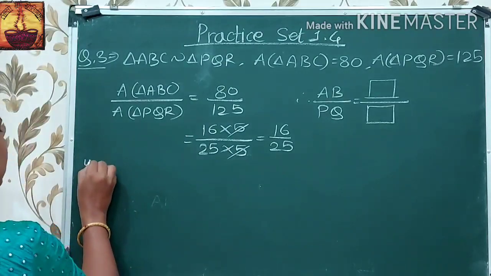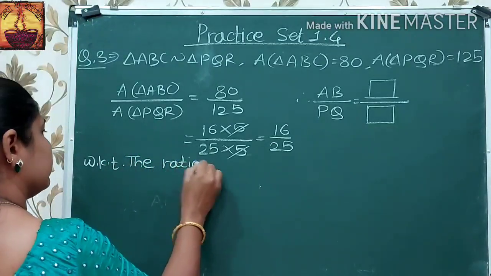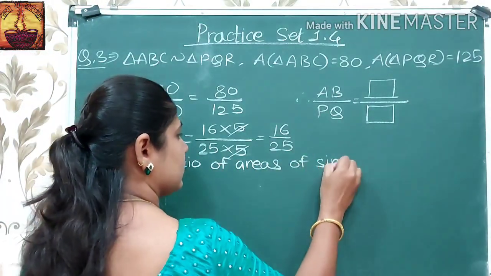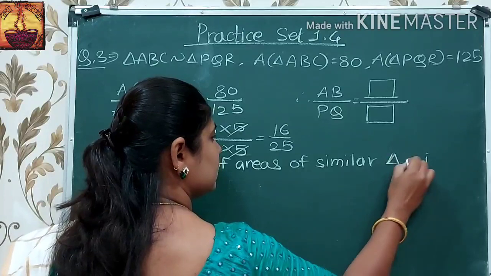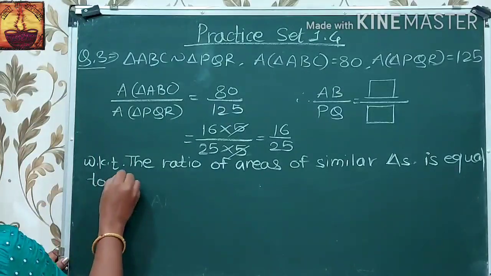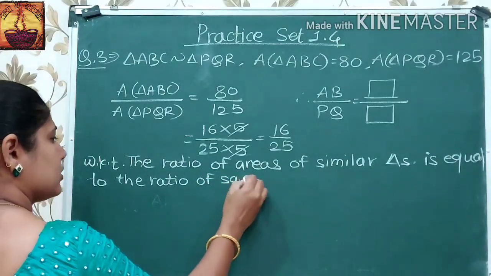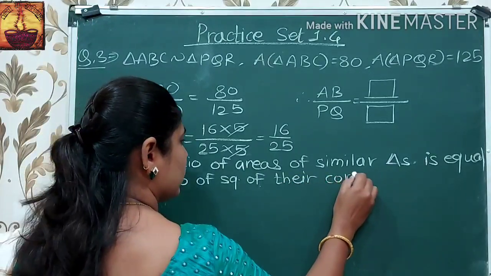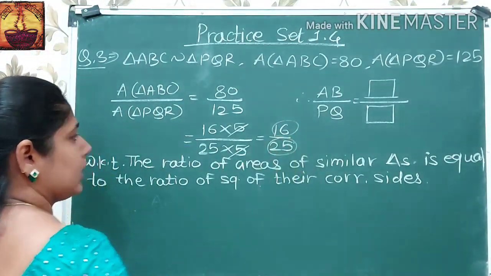Therefore, we know that the ratio of areas of similar triangles is equal to the ratio of squares of their corresponding sides. Therefore, we have squares here, 16 and 25.